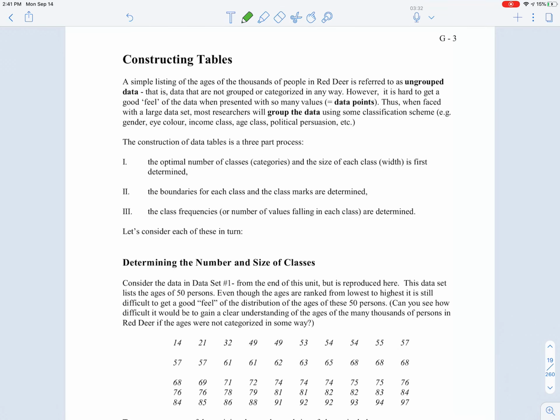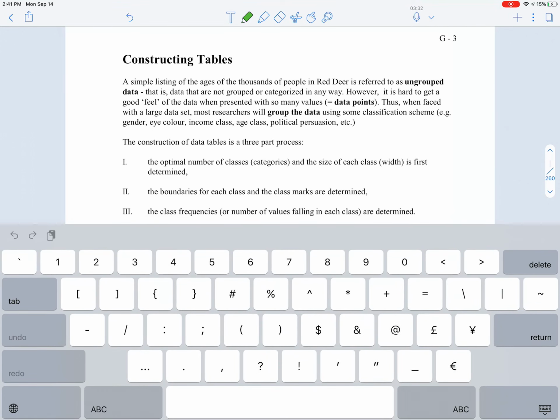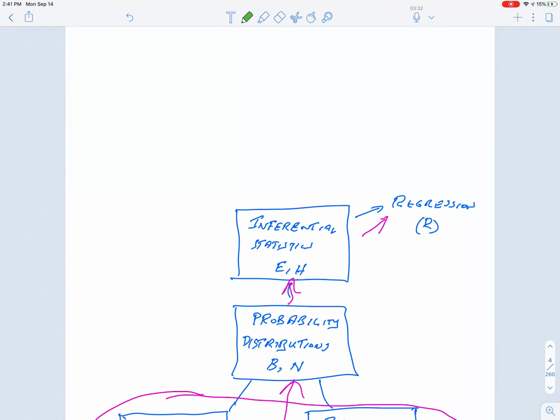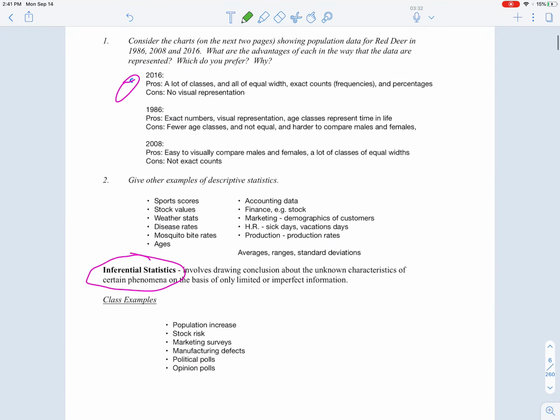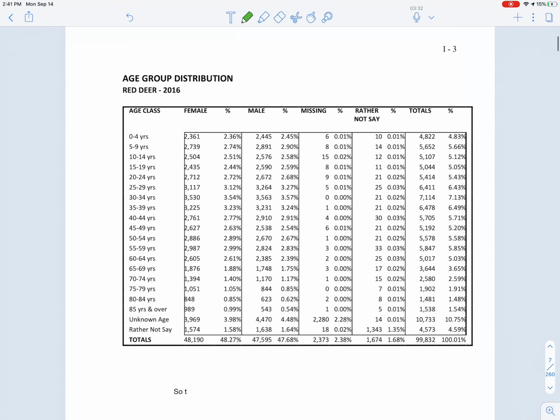Now, that's actually what you saw back in Unit I. Remember in Unit I where we were looking at the different years of data? Here, let me very quickly take us back there. So I think it's about page 4 or so. No, not quite. Here we go. So here's the age distribution in Red Deer in 2016.